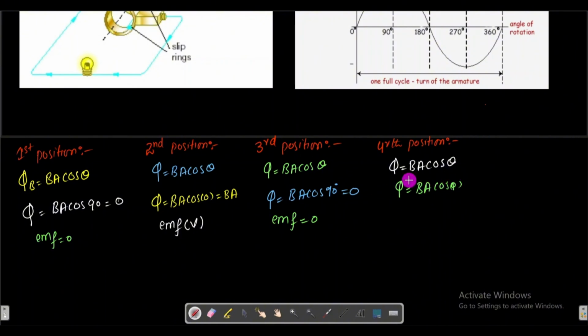So the flux in this case is maximum, which is BA. Cos of 0 is equal to 1, so it becomes BA. So here the EMF will also be maximum. So in this case the EMF will be present. It will not be 0.